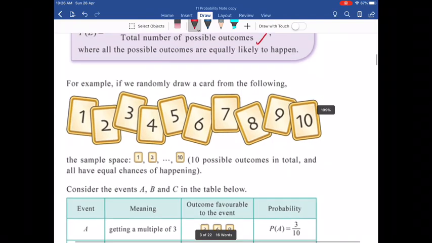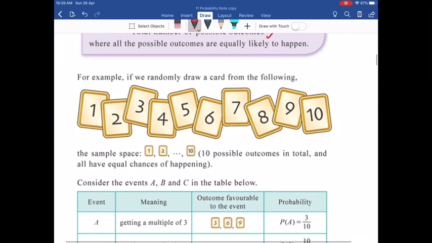For example, there are 10 cards, 1 to 10. Event A is getting a multiple of 3. You know that 3, 6, and 9 are the possible, or favorable, outcomes to event A, which is getting a multiple of 3. Therefore, the probability of A is 3 over 10.